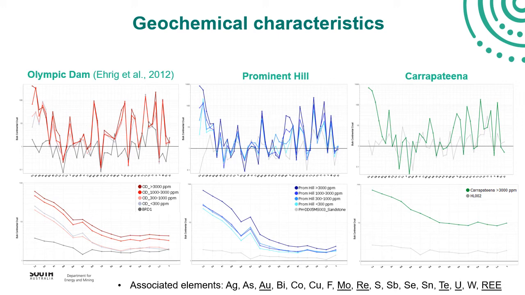But one of the key differences is that even in unmineralized samples, so those with less than 300 ppm copper, some elements, particularly light rare earth elements, are extremely enriched. So over 10 times bulk continental crustal values in light rare earths, lanthanum and cerium, even in weakly mineralized samples.